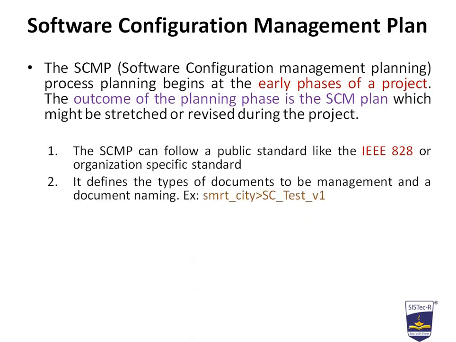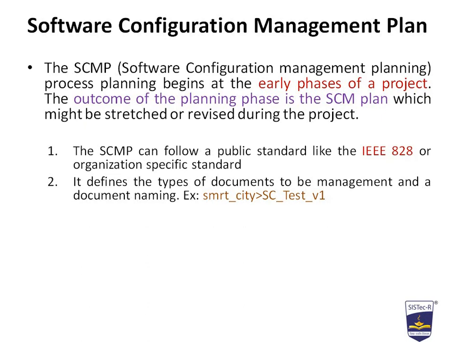It defines the types of document to be managed and the document naming. Types of document means whatever policy we are following in the naming conventions, we take a standard mechanism like IEEE 828 or some organizational guidelines.